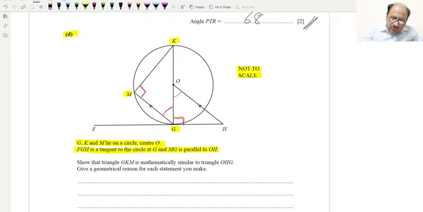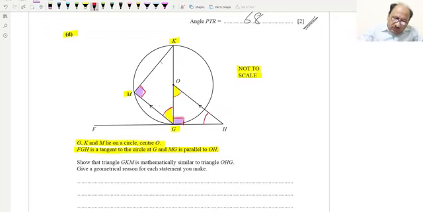If two angles are equal in these two triangles, then the third angle will be equal. Before showing the third angle, I'm just indicating this is 90 degrees and this is 90 degrees, and this angle is equal to this angle which we have shown. Now the third angle also we can show, which is this one.